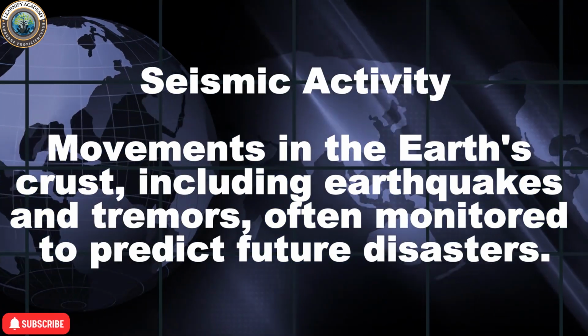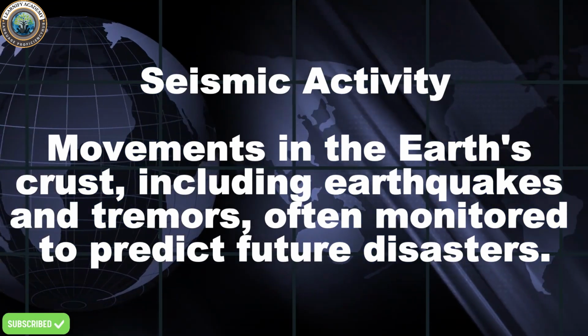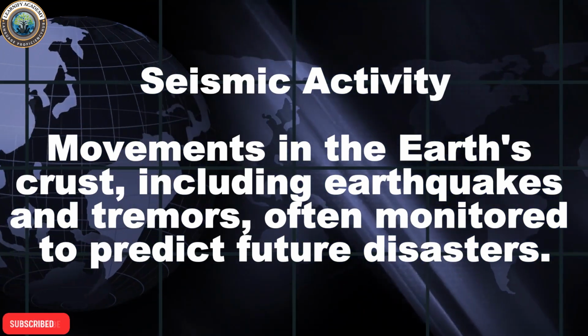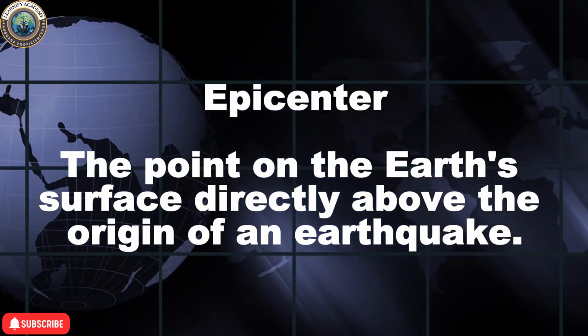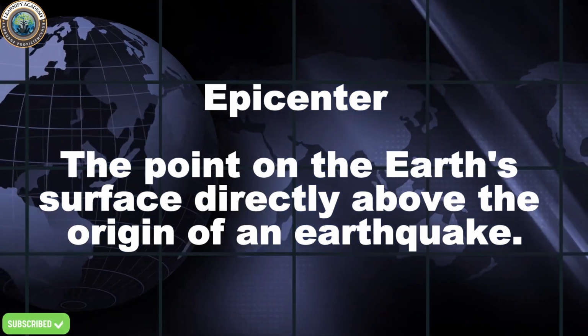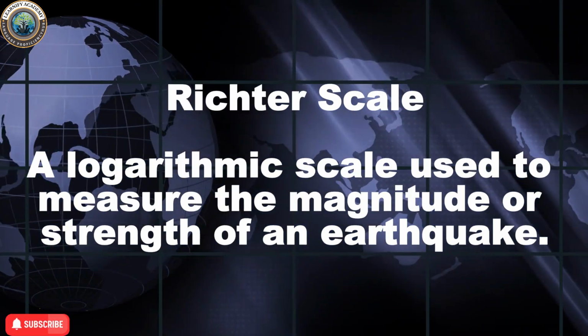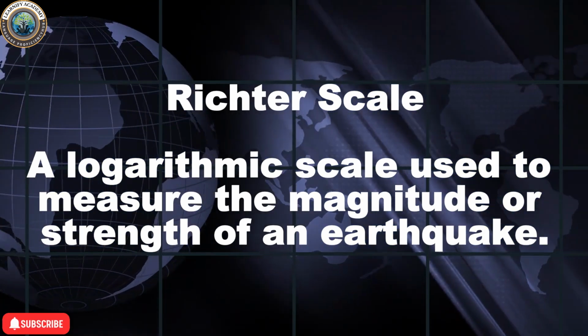Seismic activity, movements in the Earth's crust, including earthquakes and tremors, often monitored to predict future disasters. Epicenter, the point on the Earth's surface directly above the origin of an earthquake. Richter scale, a logarithmic scale used to measure the magnitude or strength of an earthquake.